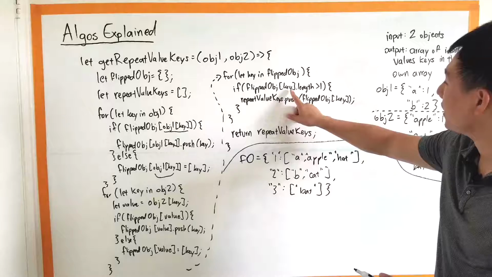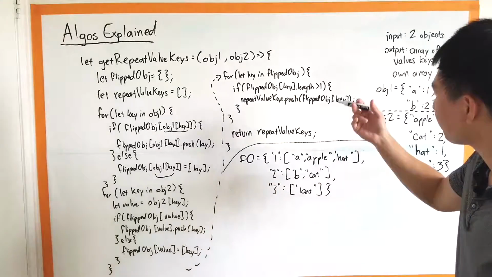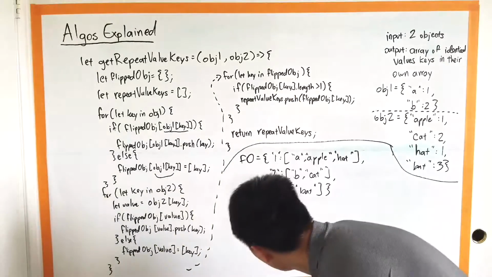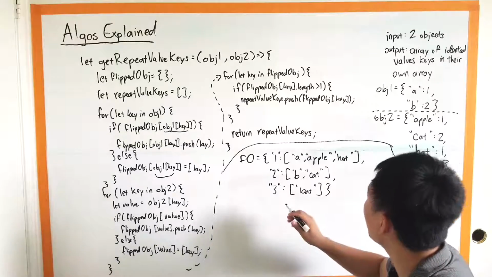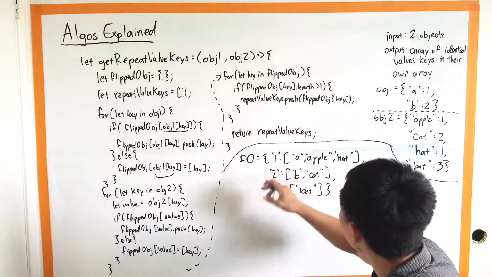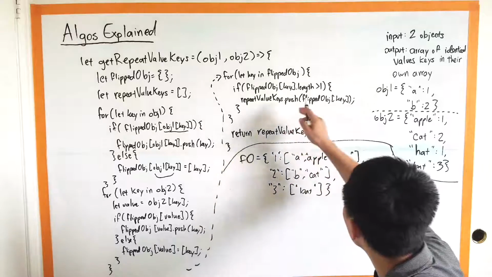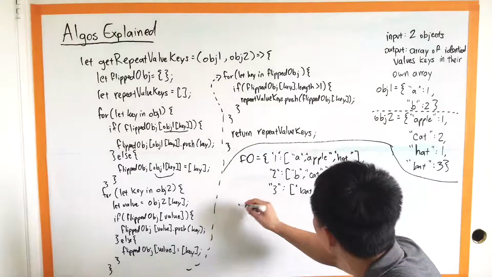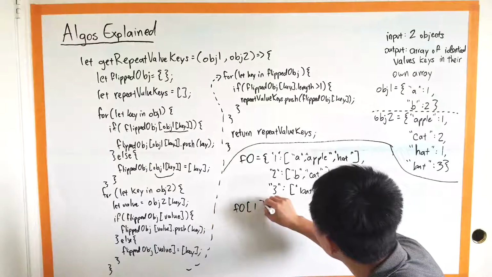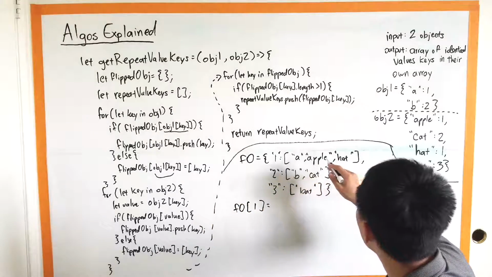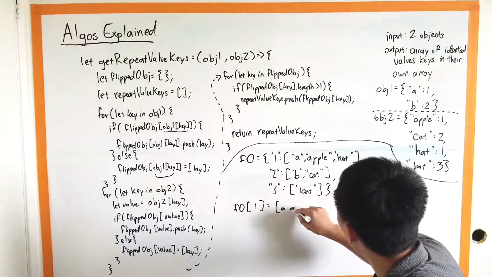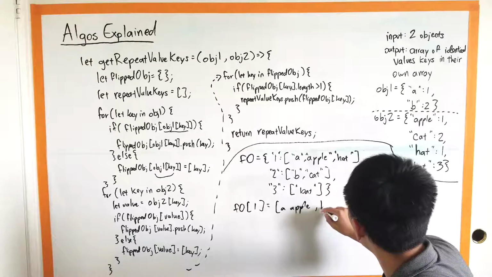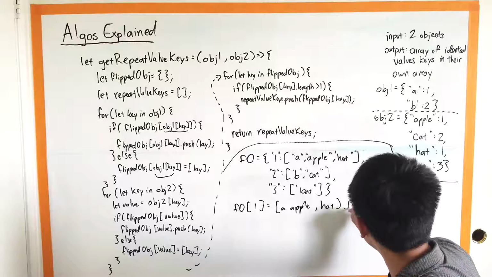Flipped object of key, let's go ahead and do that here too. So flipped object of key is going to be 1, 2, and 3. Is it greater than 1? So let's see. FO of 1 is equal to this: A, apple, and hat. What is the length?